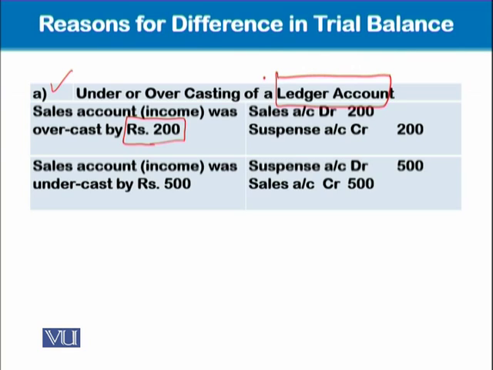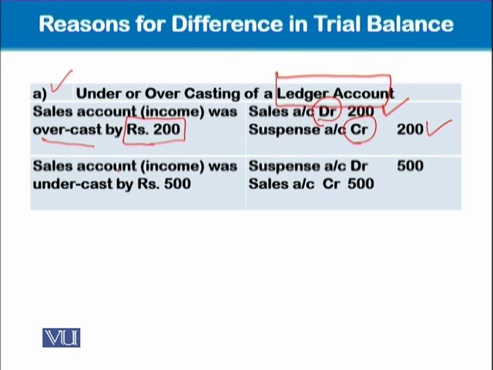So that ledger account is overcast or undercast, meaning a second effect is not required. The second effect of the sales account, either in the cash or bank or accounts receivable, was correctly given. So in this case, when sales were overcast, now we have to reduce the sales by giving debit 200, and the second effect will be given to the suspense account.